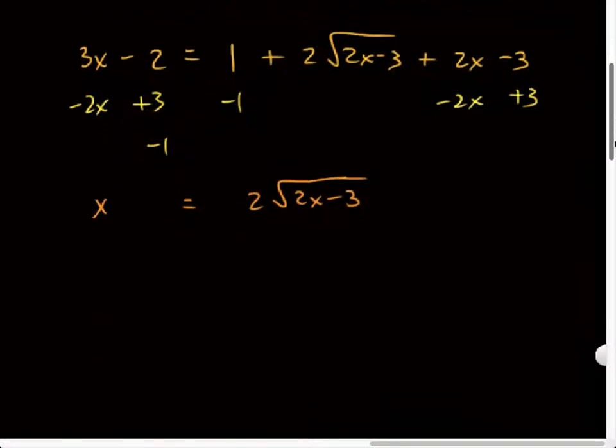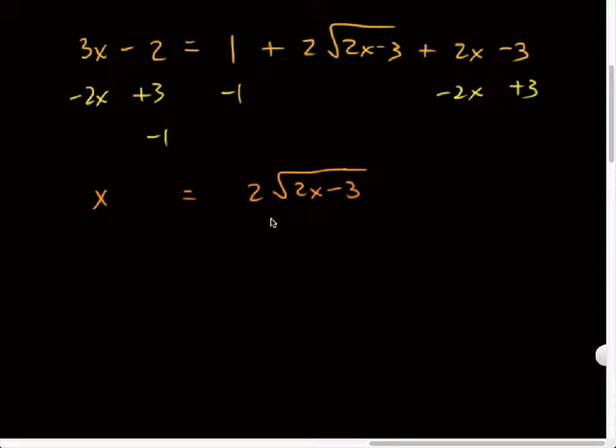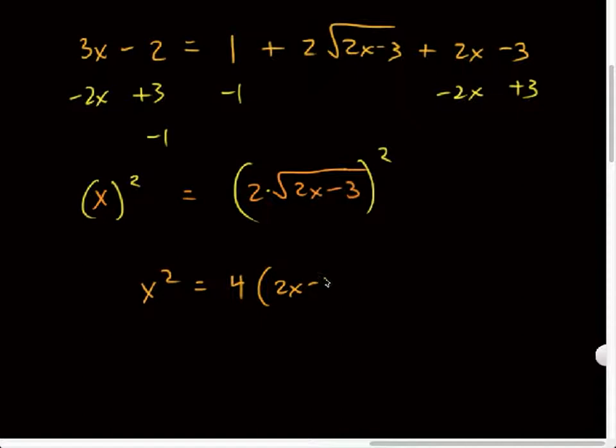So do you square it? Yep. I can actually square both sides, or you can divide by 2. It doesn't matter because I can legally do that. Let's just square both sides. Well, but I have to isolate this, get the radical here. Yeah. So this will be x squared equals, 2 squared is 4, root 2x minus 3 all squared is 2x minus 3.